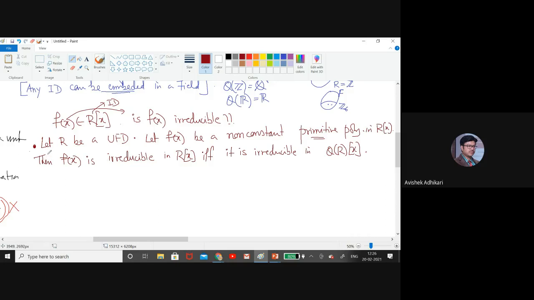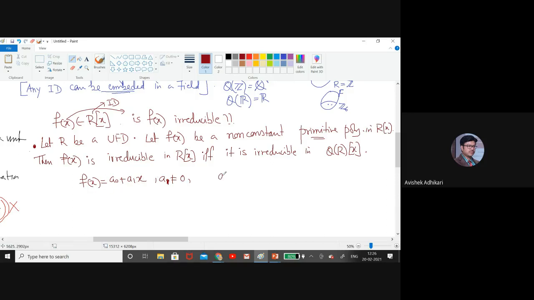It says that for a non-constant primitive polynomial, suppose f(x) equals a0 plus a1 x. If a1 is not equal to 0, then certainly this is a non-constant polynomial.